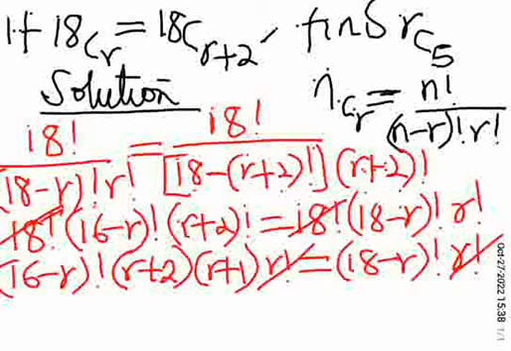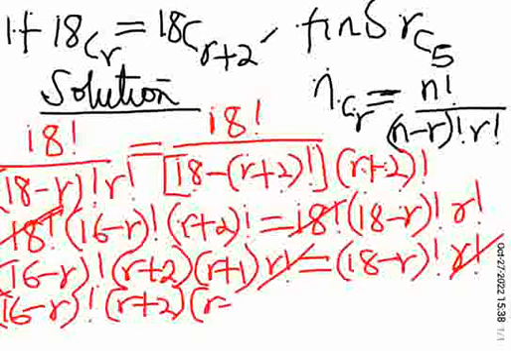Now in the next step, let's deal with the expansion of this. This is higher than this. So I'll bring down the 16 minus R factorial multiplied by R plus 2 multiplied by R plus 1, equal to, so now I'll expand this 18 minus R factorial. I have told you the reason for that.